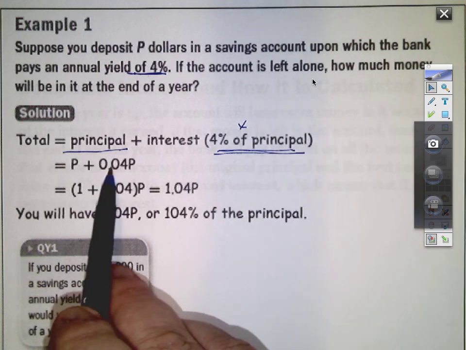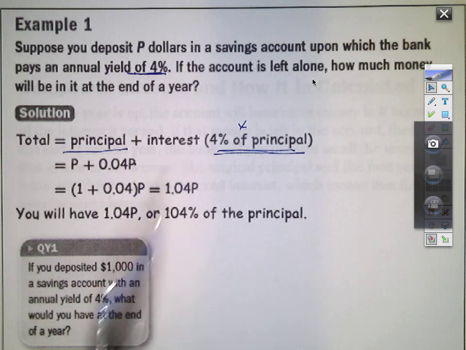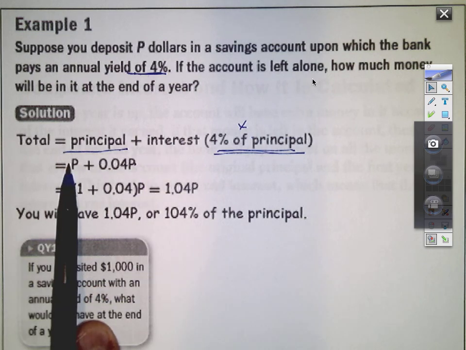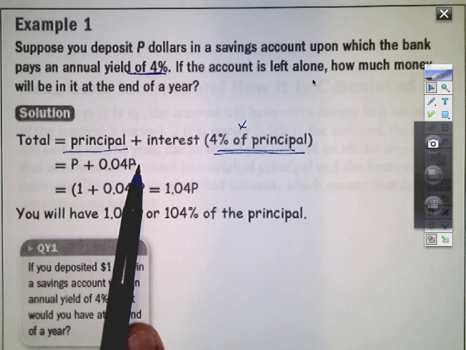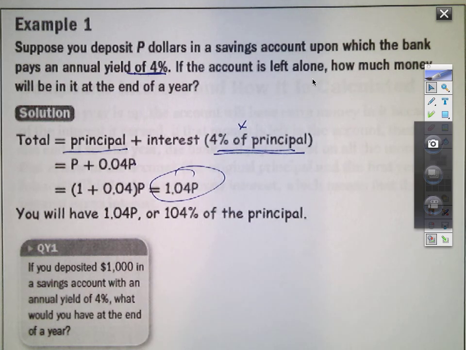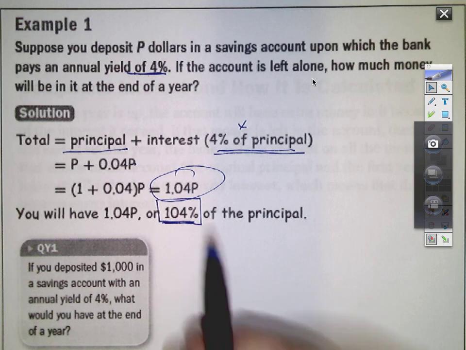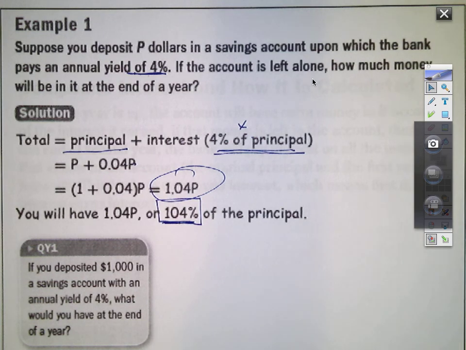Of means multiply. 4%, 0.04 times P. Okay? Well, if you got 1P plus 0.04P, you are going to get 1.04P, which is equivalent to 104%. Because in essence, you have the money that you started with, plus you're gaining money that you got from the bank.